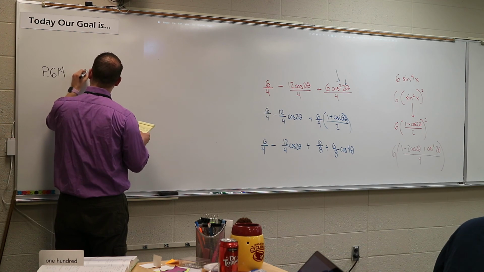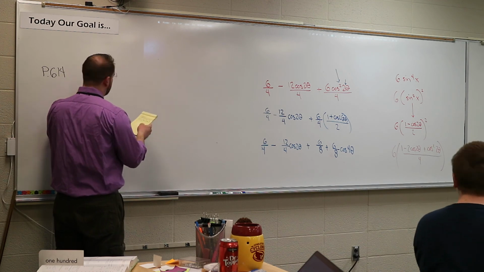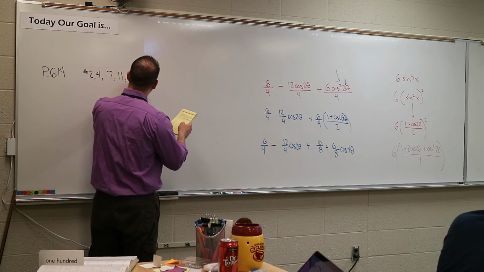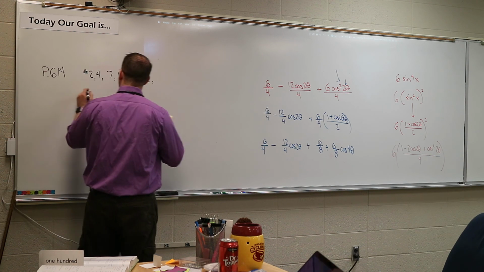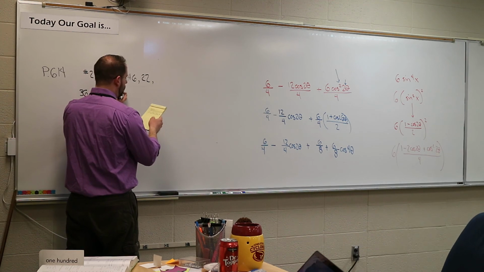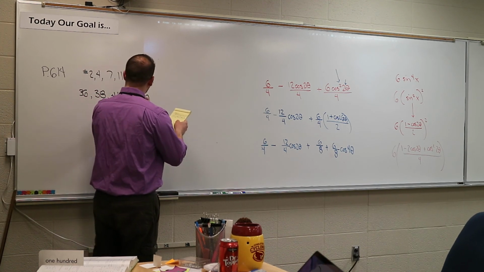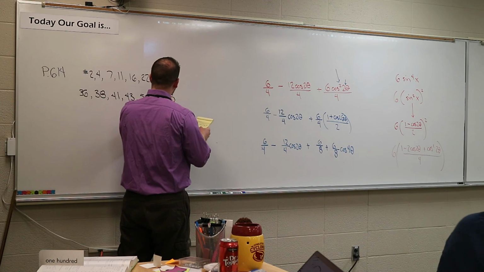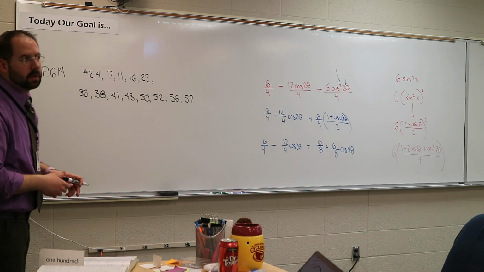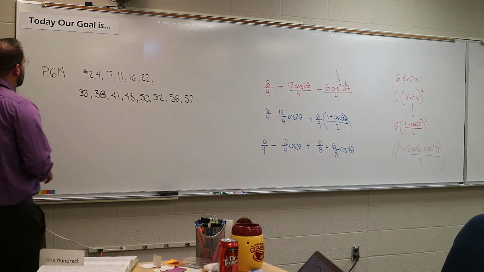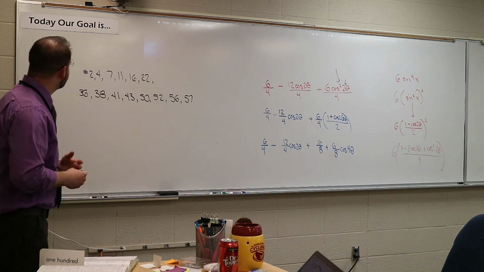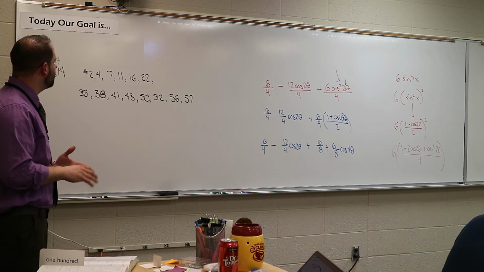So, here's your numbers: 2, 4, 7, 11, 16, 22, and then 36, 38, 41, 43, 50, 52, 56, and 57.